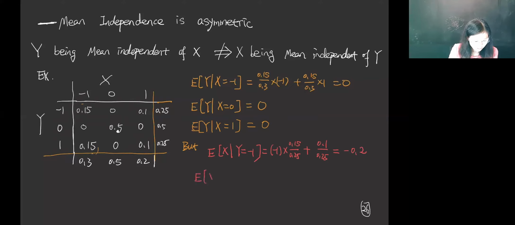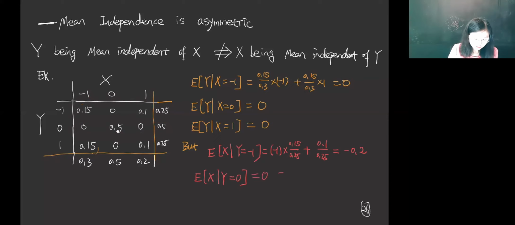But E of x given y equals 0 will be different. For E of x given y equals 0, we look at the second row of the table. The second row of the table gives all the probability to the value 0 and no probability to the non-zero numbers. So clearly, that conditional mean is 0.